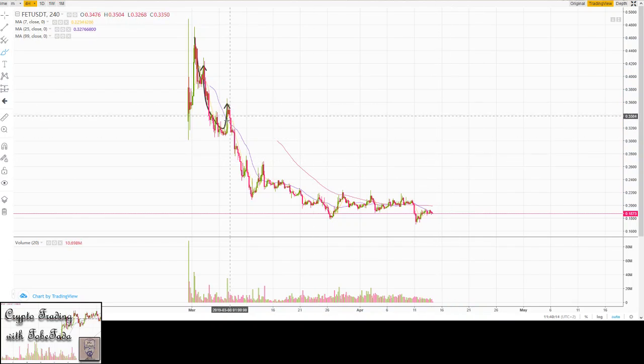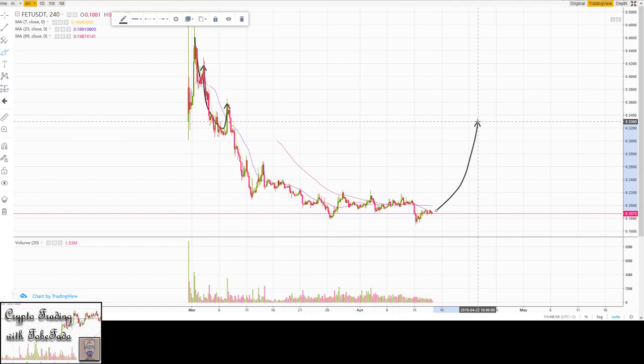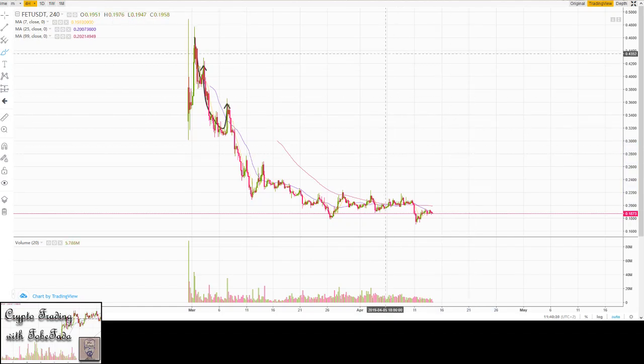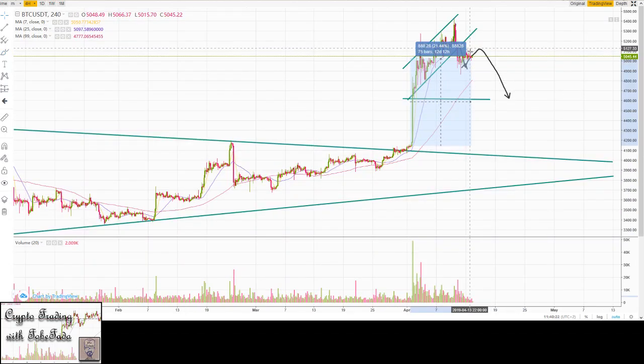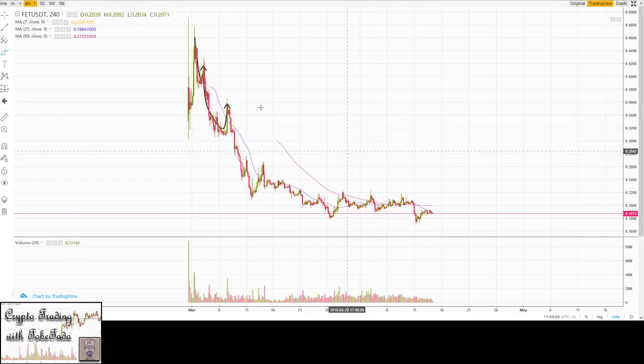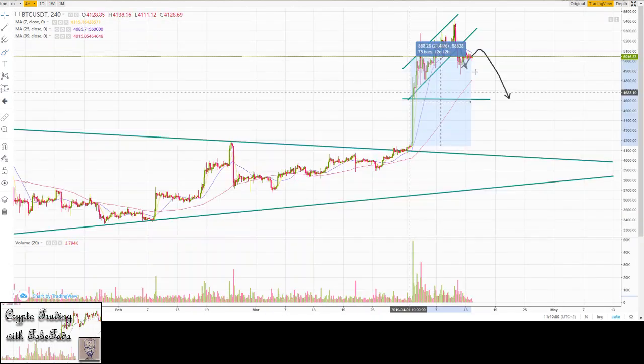That would indicate that if we were expecting an increase here, it's probably going to mean that we're going to see a decrease in Bitcoin. You can use one analysis of one coin and project it onto another coin as well, if you know if they're going with Bitcoin or against Bitcoin.